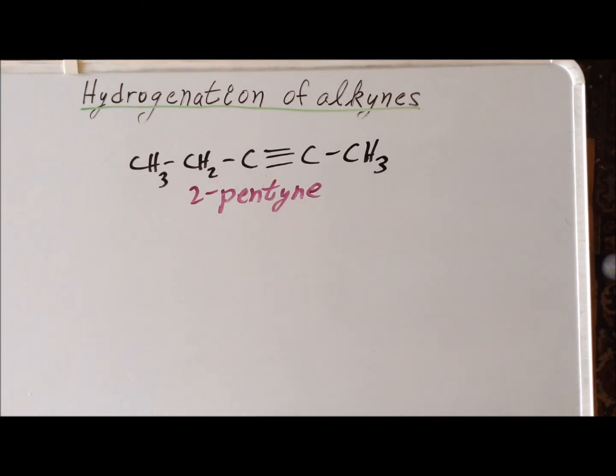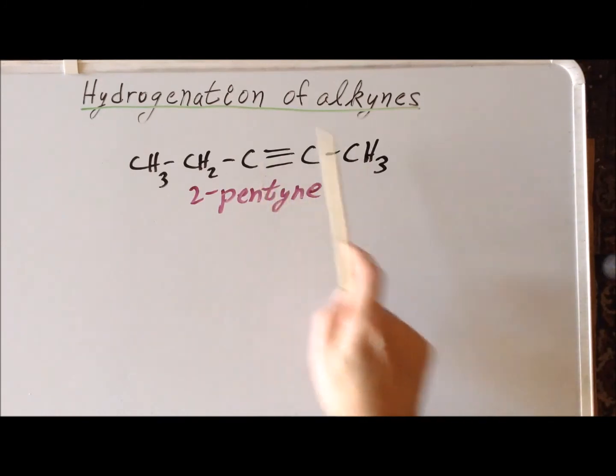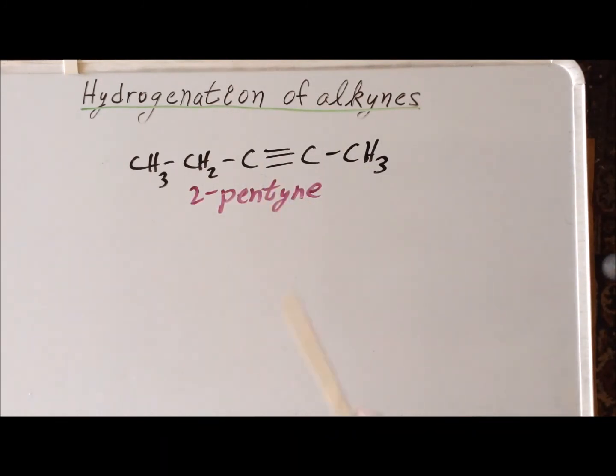As a self-test, will 2-pentyne react with silver +1 or copper +1 ion to yield a precipitate? The answer is no, because we don't have a terminal alkyne. We don't have a hydrogen directly attached to the carbon-carbon triple bond.